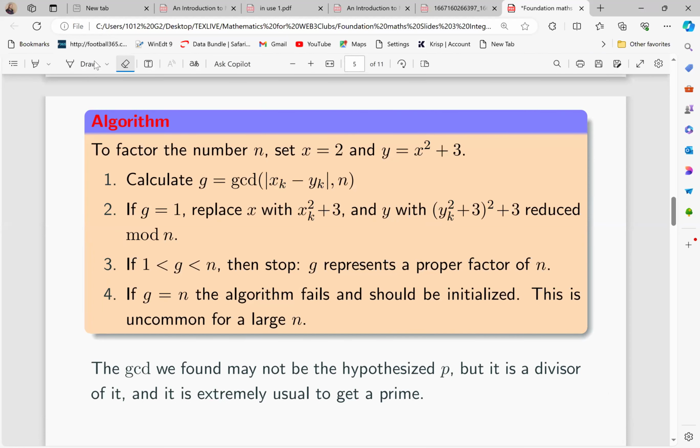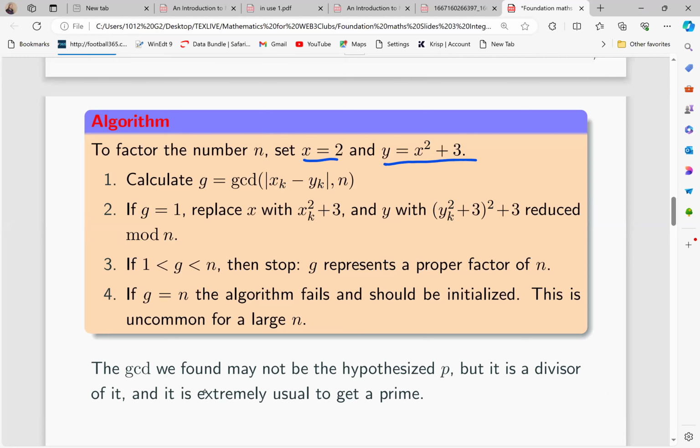To factor n, we set our initial condition, x, let it be 2, and y, and this is the equation. This equation is okay the way it is. But what have I said?